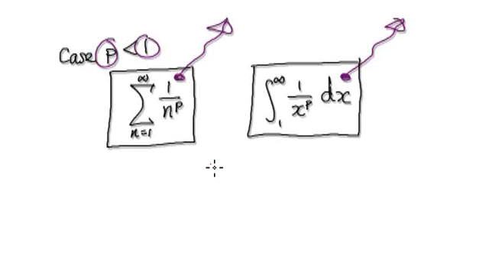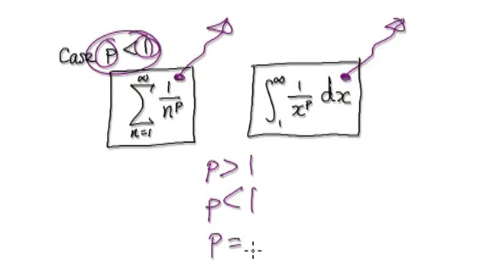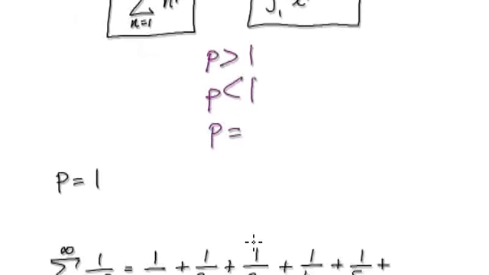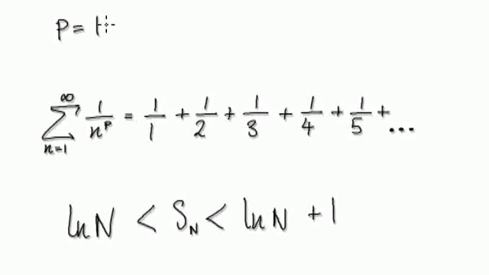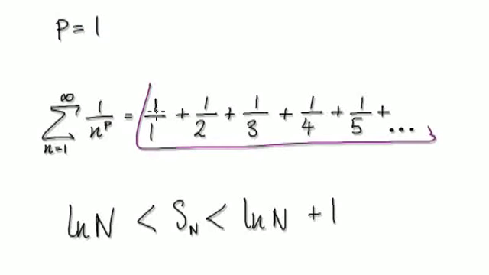So we've taken care of the case where p is greater than 1. We've taken care of the case where p is less than 1. Now we need to consider the case where p equals 1. For p equals 1, you put the 1 into the p here, so this will give you this series here. And we've done this.